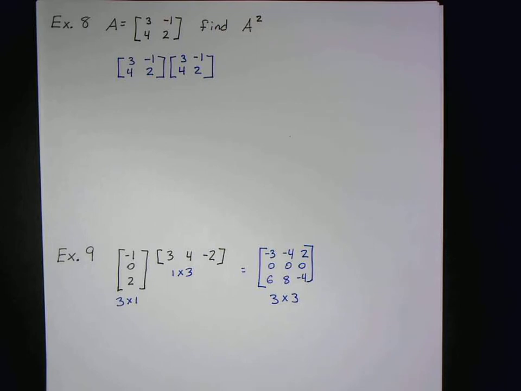Remember, that's what squaring means. You take something times itself. We don't have a rule saying that we distribute a square. So you actually have to do the multiplication.